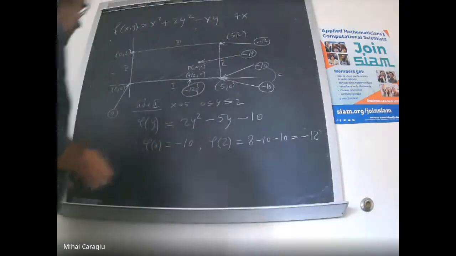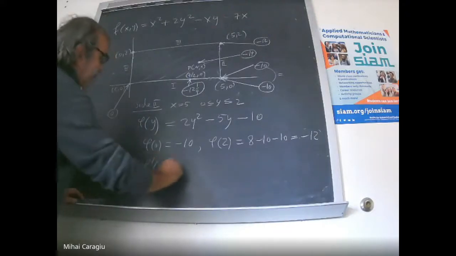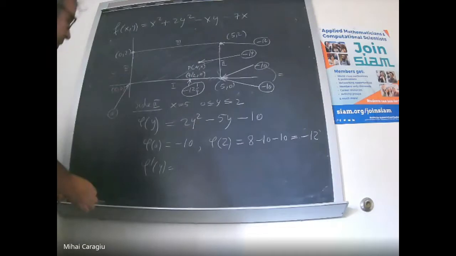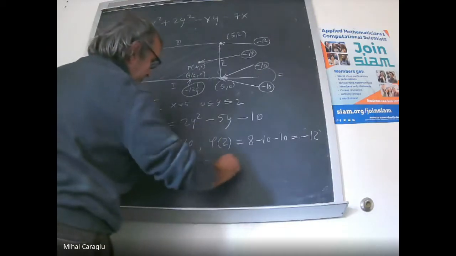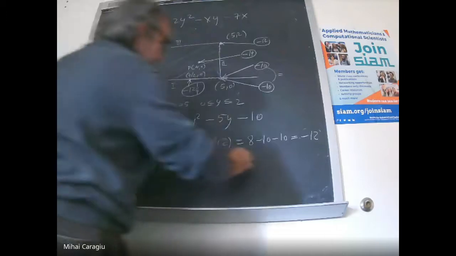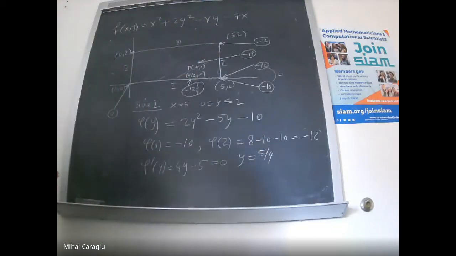Then phi prime, let's find the critical point of phi inside. So phi prime of y equals 4y minus 5 equals 0. That means y equals 5 over 4. So what's the value of the function at 5 over 4?